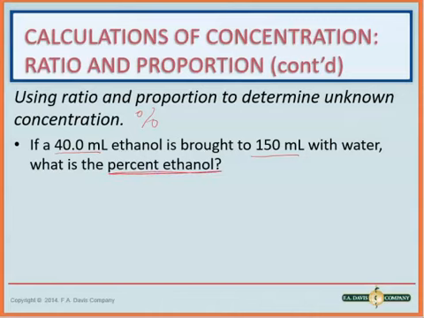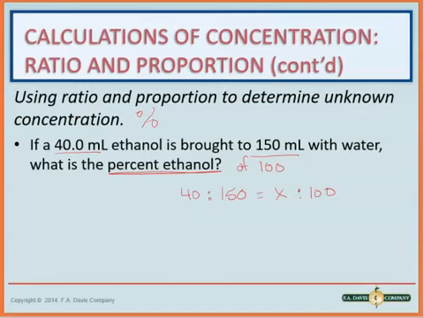In our percentage, what did we discuss is of? It's of 100. So now can we set up our equal proportions or equal ratios? Yes. So 40 is going to go with 150, and that's going to be equal to our unknown, our percentage, of 100.